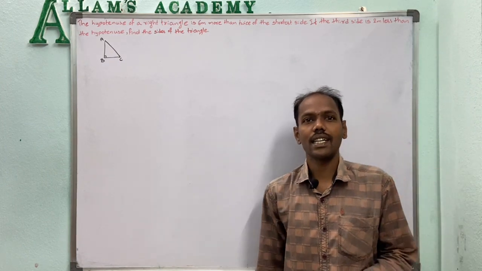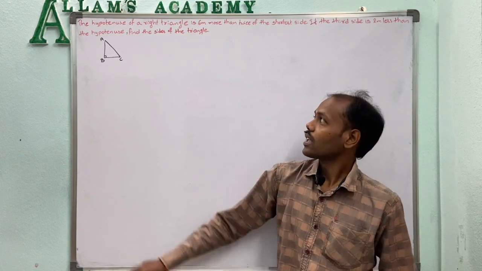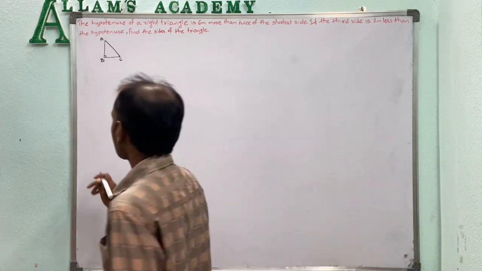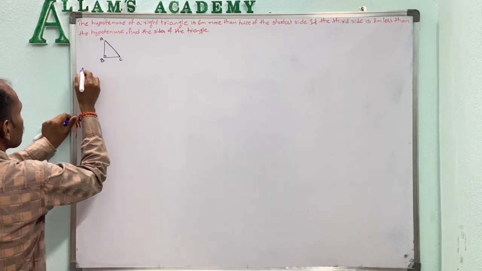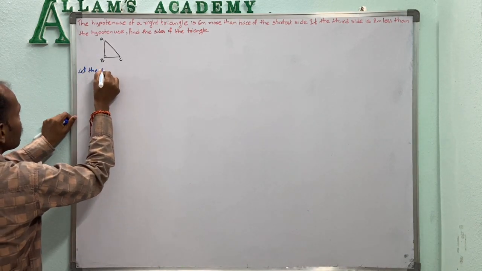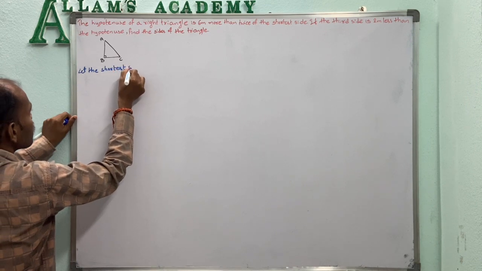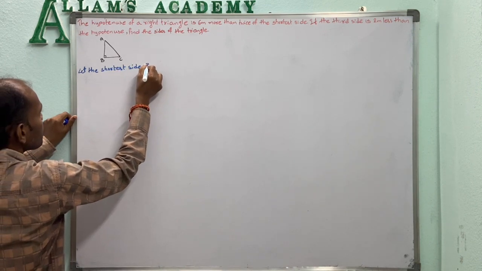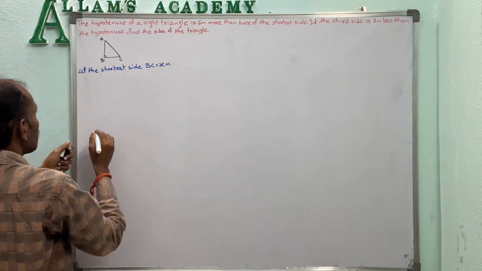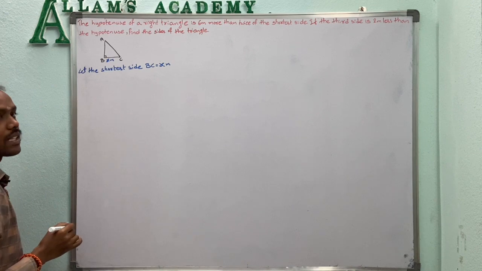In the triangle, the base BC is taken as the shortest side. So let the shortest side BC equal x meters.